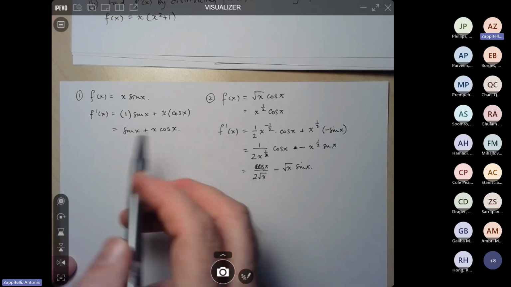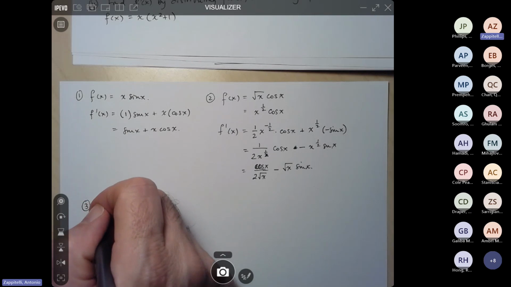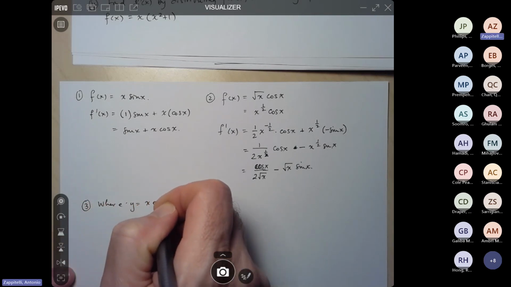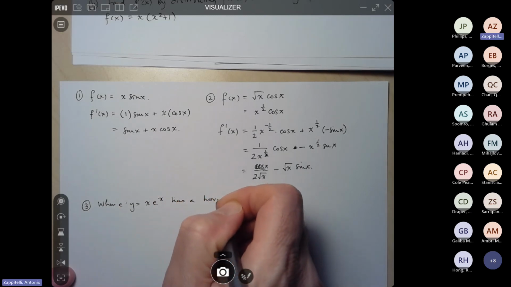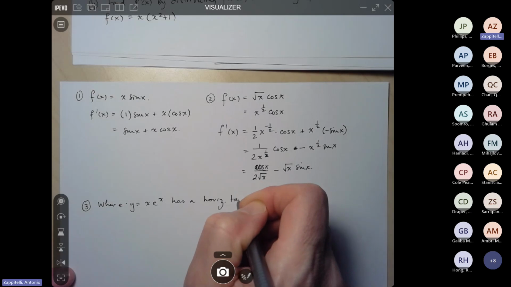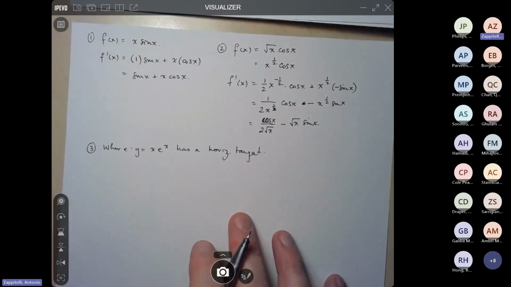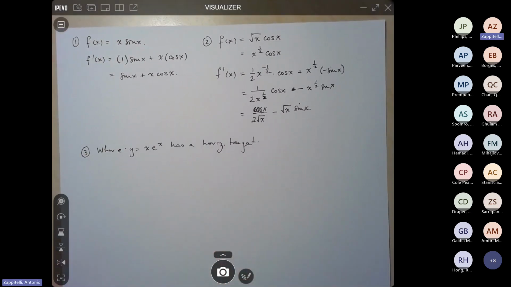No? Okay, so number 3 asked us, where the function y equals x e to the x has a horizontal tangent. Okay, so what has to happen in order to have a horizontal tangent? Who's going to remind me what needs to happen in order for the function to have a horizontal tangent?